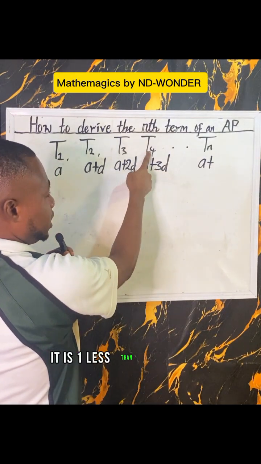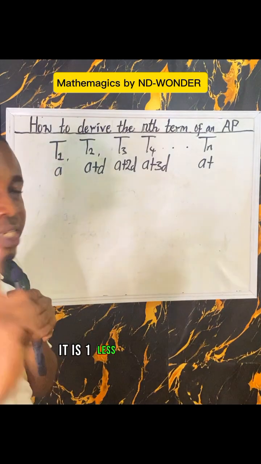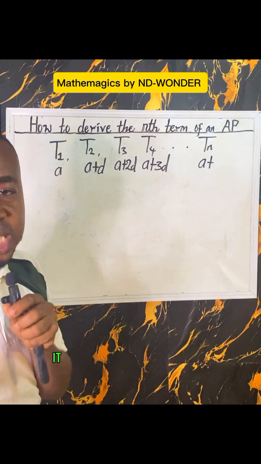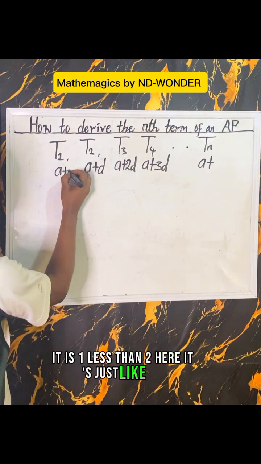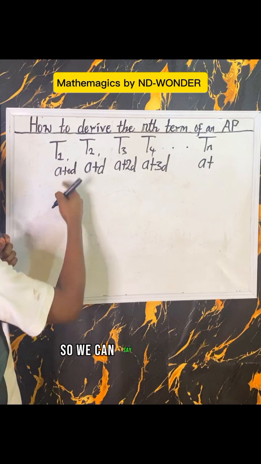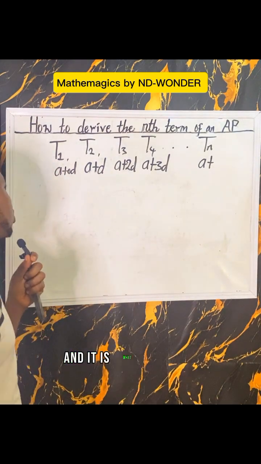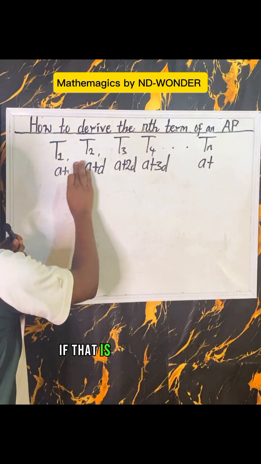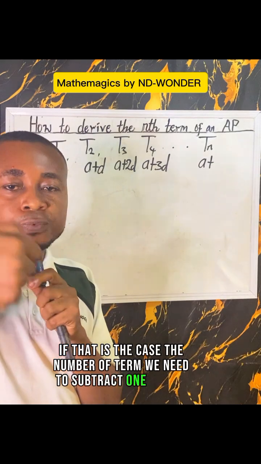It is 1 less than 4. 2 is the coefficient of D. It is 1 less than 3. 1 is the coefficient of D. It is 1 less than 2. Here is just like 0D. So we can say 0 is the coefficient of D if possible, and it is 1 less than 1. If that is the case, for the number of terms, we need to subtract 1 from it.